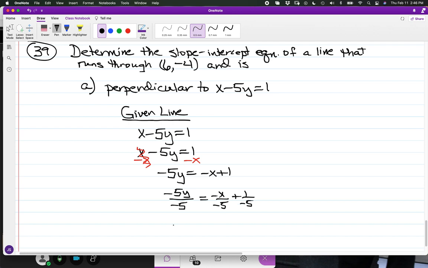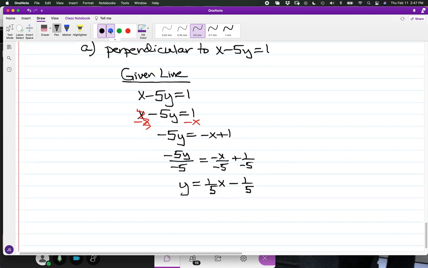And so y is equal to, now negatives will cancel out here, so y is equal to 1/5 of x minus 1/5. From this, the slope is equal to 1/5.